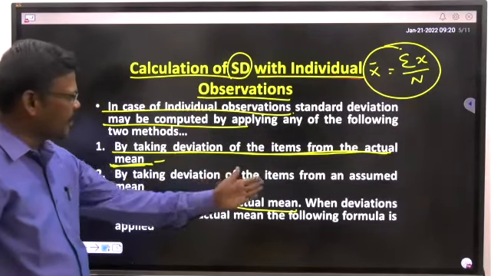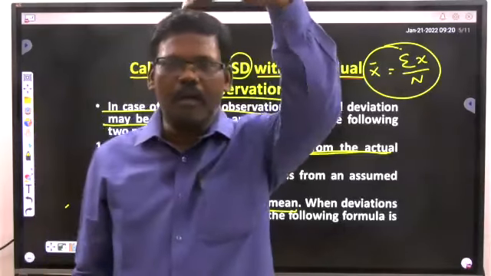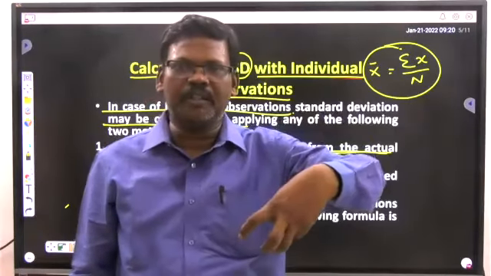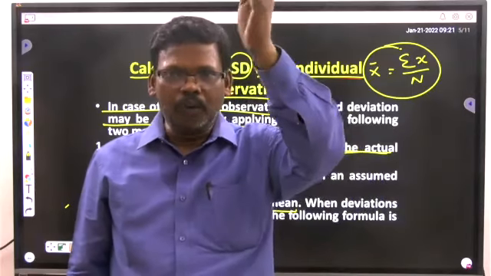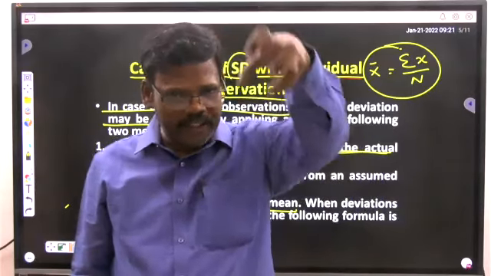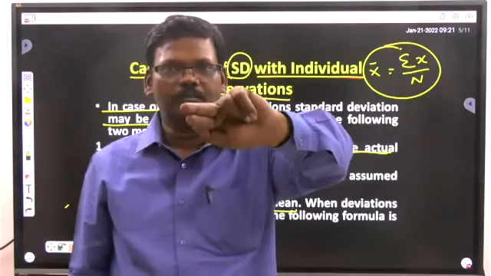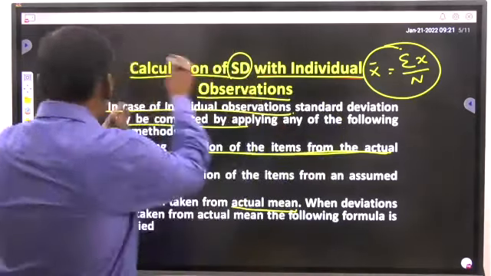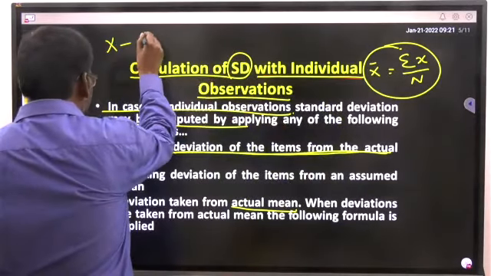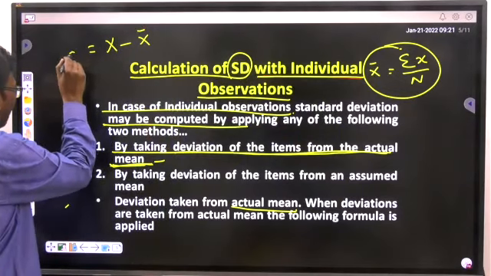Then, for the x values given in the distribution, we take x minus the actual mean, that is, x minus x bar. This is known as the deviation.